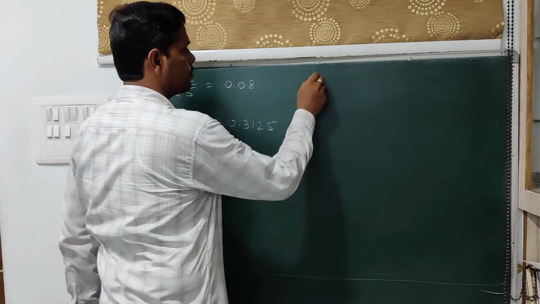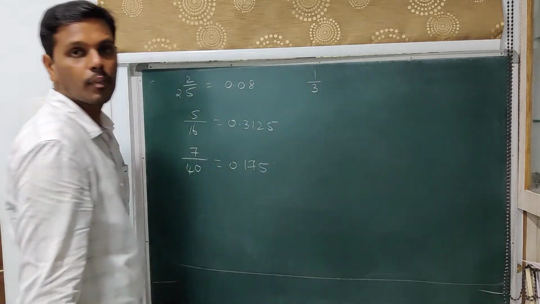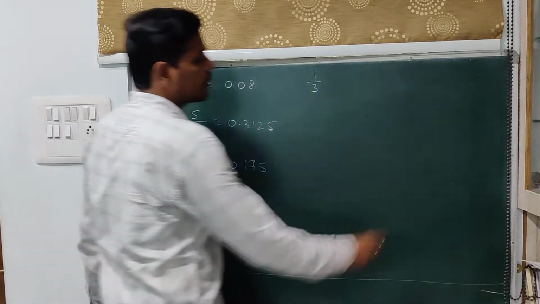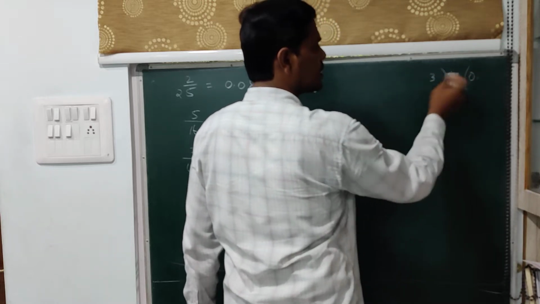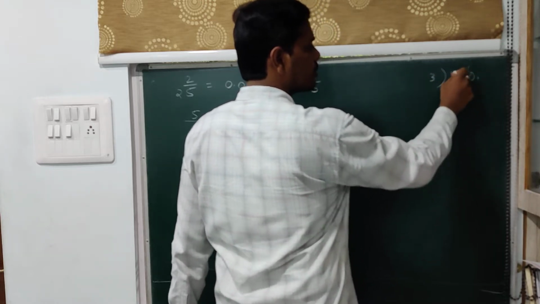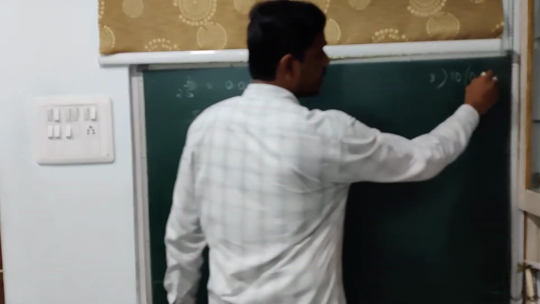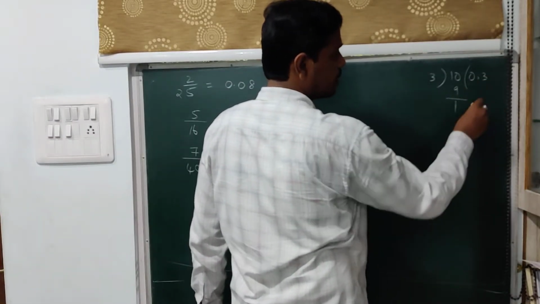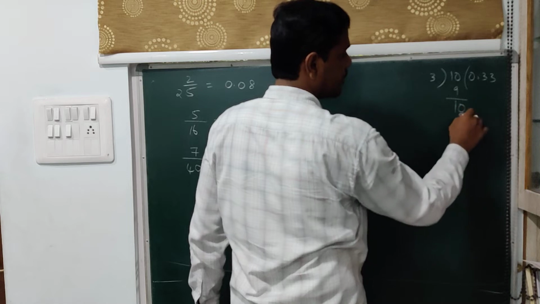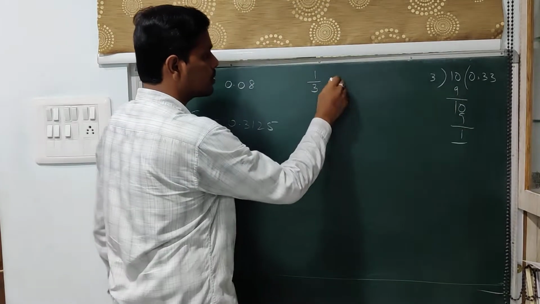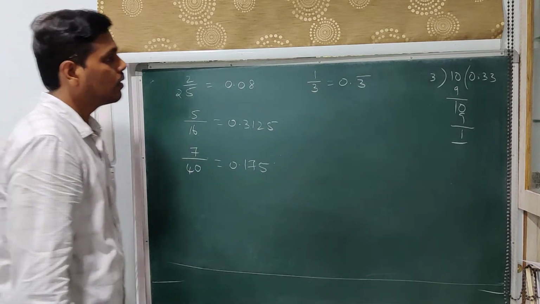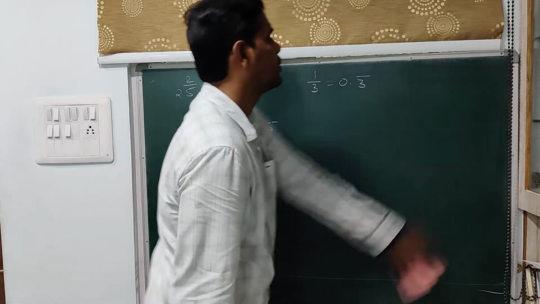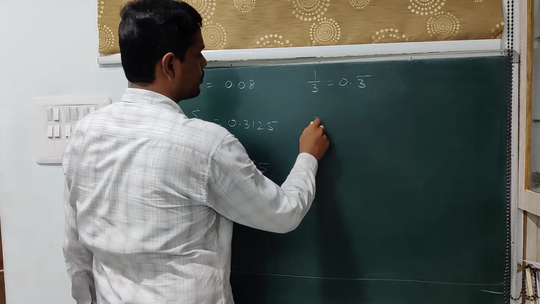Now let's go with some 1 by 3. 1 by 3, what do you get? 1 is less than 3, so I am placing a point, so you can take 0. 3 3s are 9. Again you have 1, so again 3 3s are 9. 1, it keeps repeating, so this is 0.3 bar. Let us go with some 2 by 11 or say 3 by 11.